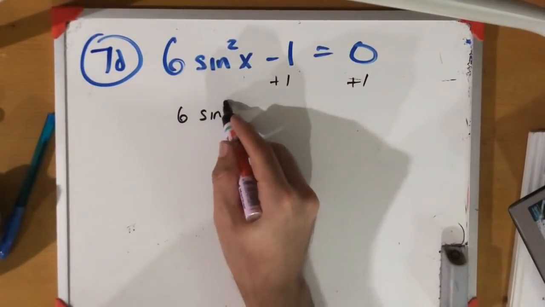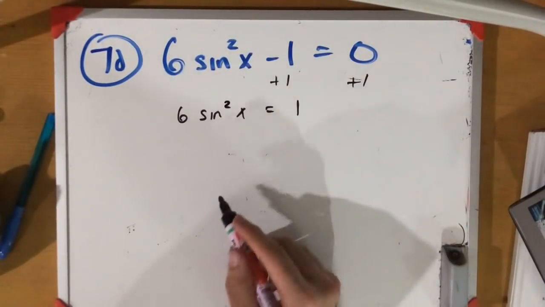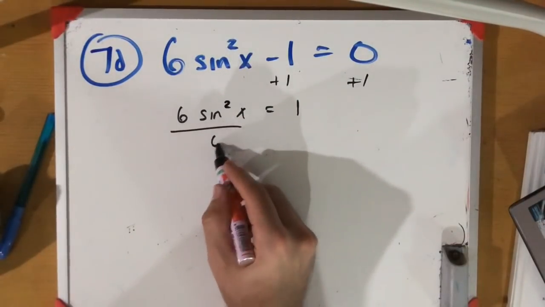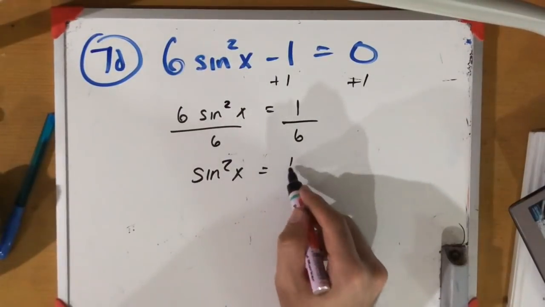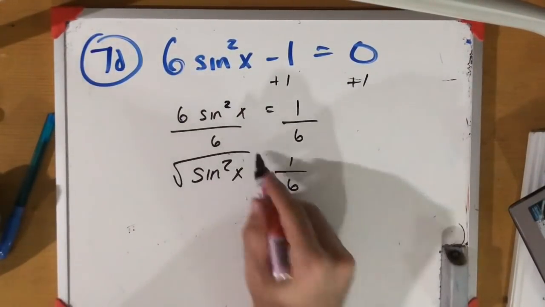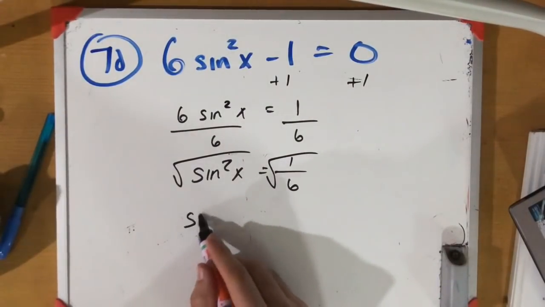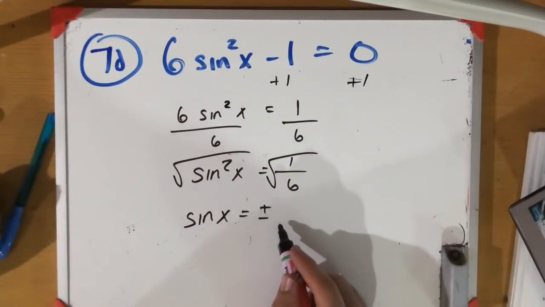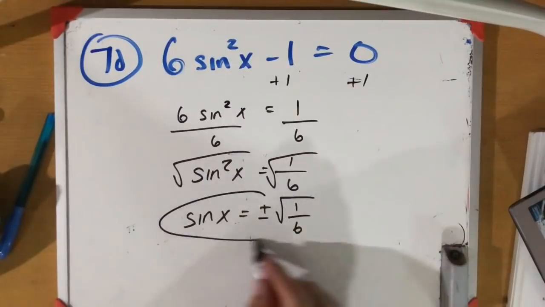We might, but let's try to find what ends up being equivalent to sine x. So plus 1 divided by 6, we have sine squared x is equal to 1 over 6. Let's get rid of that square. So sine x is equal to positive or negative square root of 1 over 6.